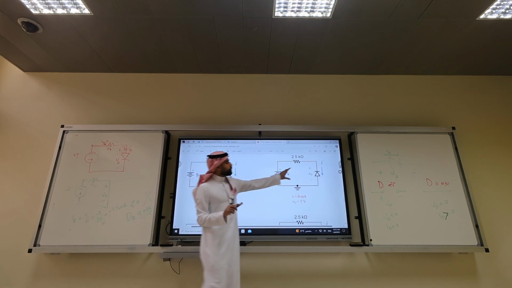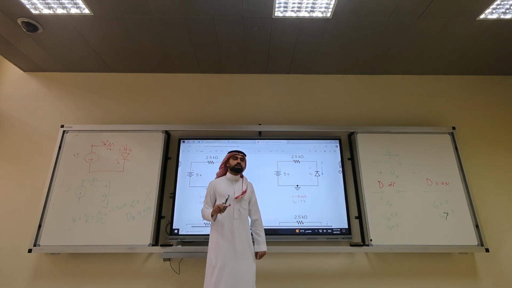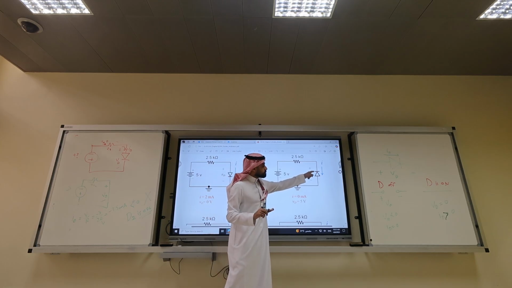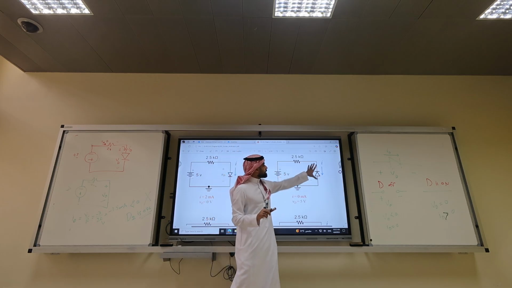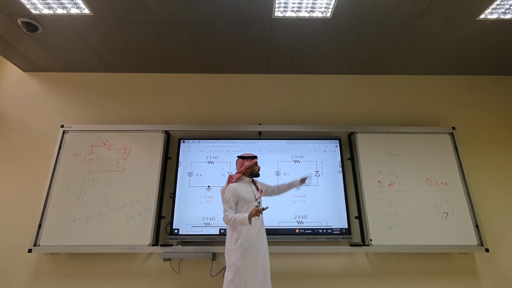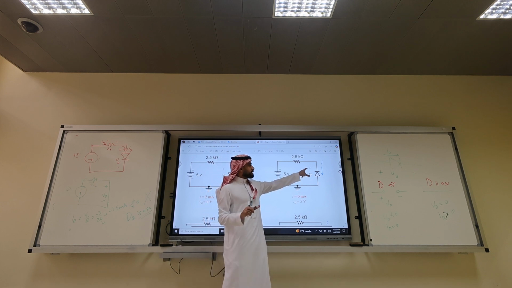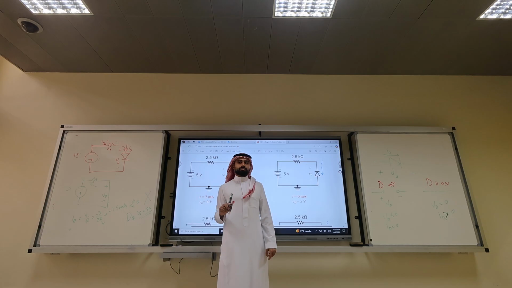Now, if I flip the diode, what's the correct assumption? Off. The diode is off. Why? Because the cathode is closer to the positive. So it has to be an open circuit. What's VD if it's an open circuit? The polarity here is plus minus, but you should make it plus minus, okay?